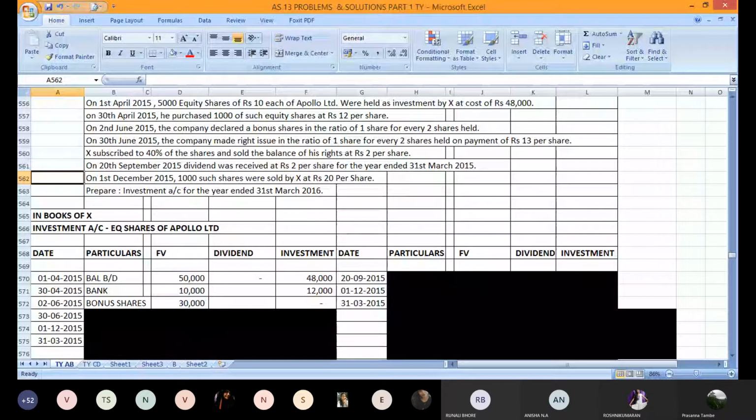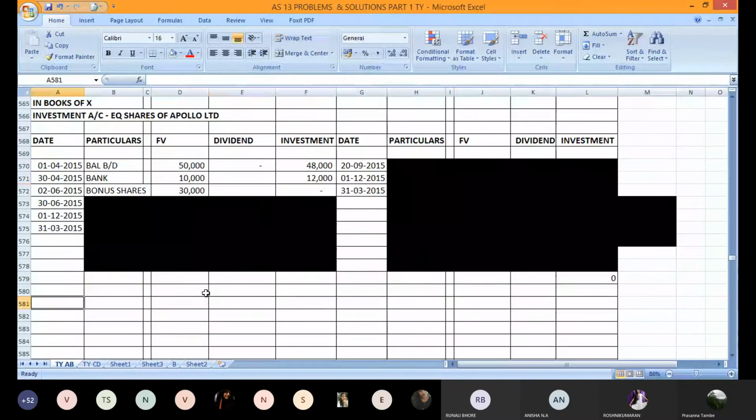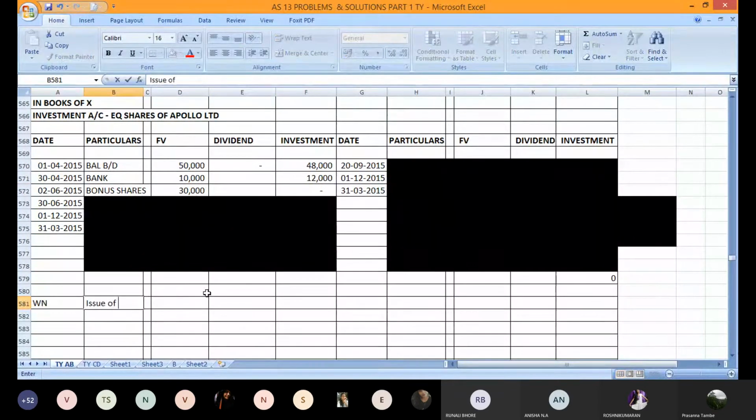4,500. That's correct. So let's write down these details. Working note. Number of shares held are 9,000, as we have just discussed.